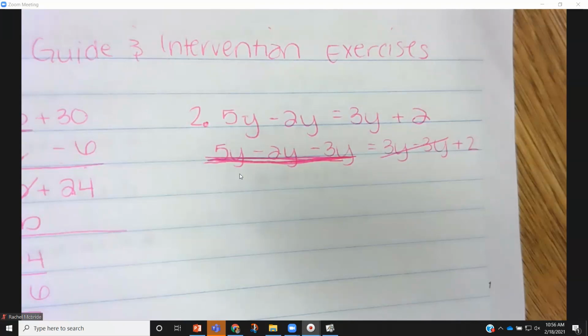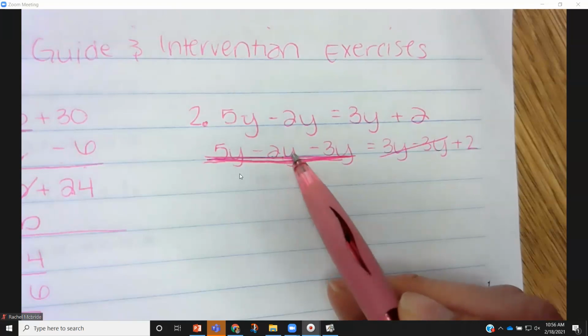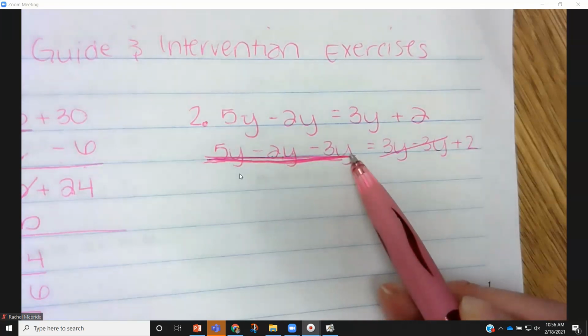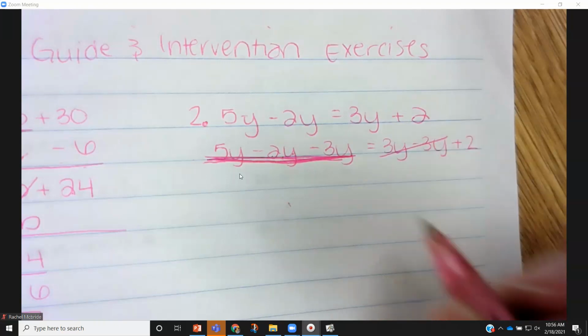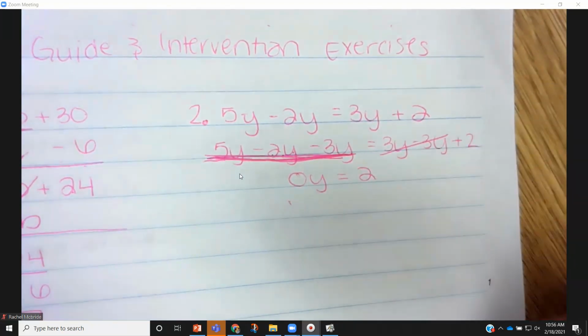So 5 minus 2 becomes 3y. 3y minus 3y becomes 0y. We get 0y equals 2.